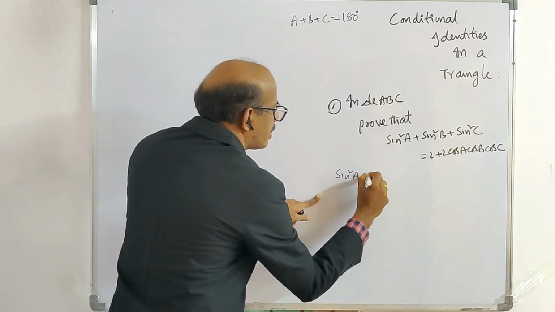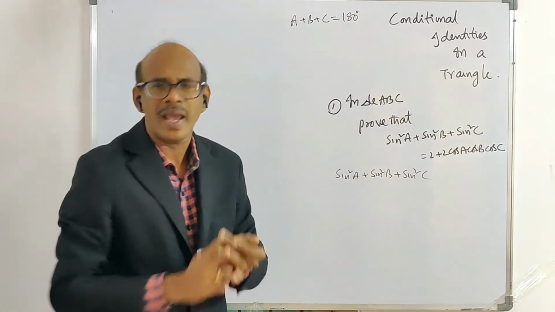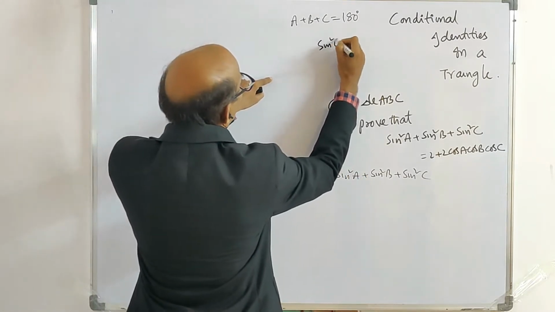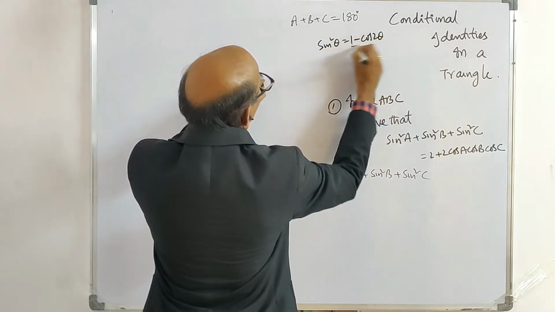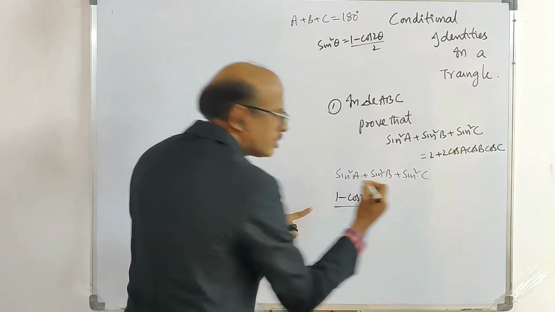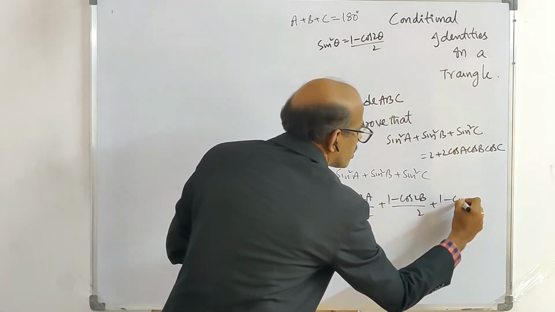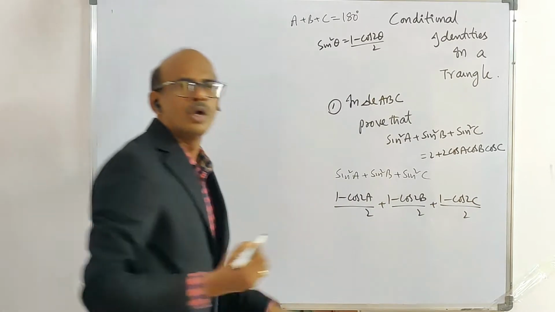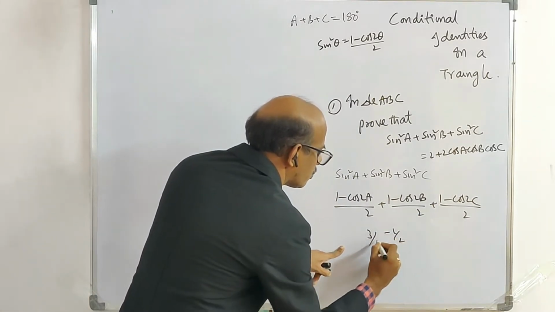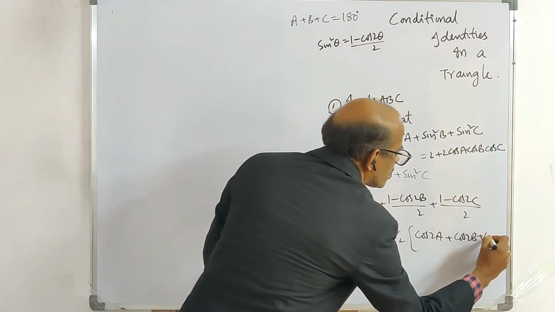So left hand side: sin square A plus sin square B plus sin square C. By knowing a formula from the toolbox, sin square theta equals 1 minus cos 2 theta by 2, that means 1 minus cos 2A by 2, plus sin square B as 1 minus cos 2B by 2, plus 1 minus cos 2C by 2. So by simplification, 1 by 2, 1 by 2, 1 by 2, it will be 3 by 2, minus 1 by 2 common, so cos 2A plus cos 2B plus cos 2C.